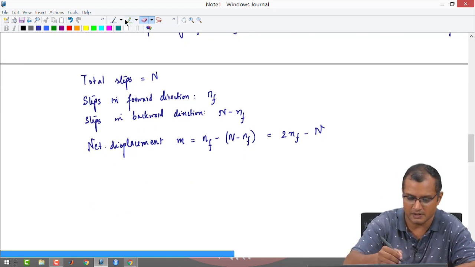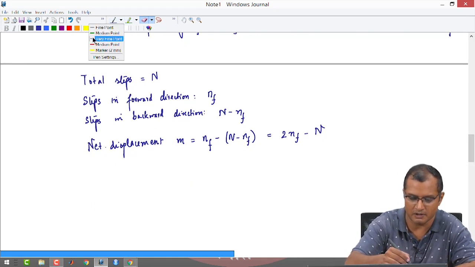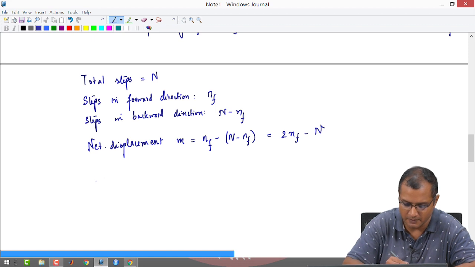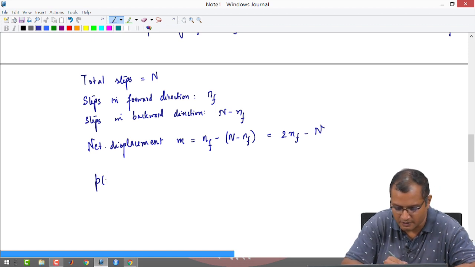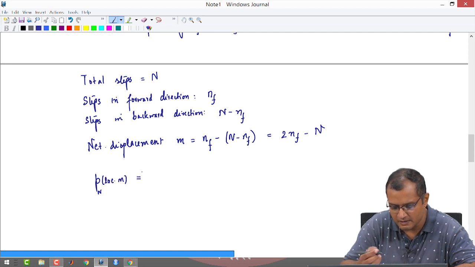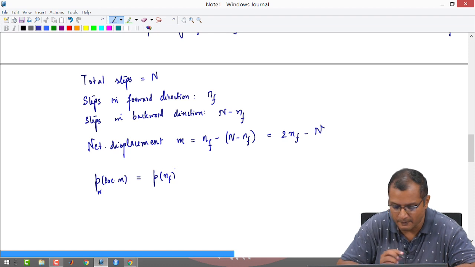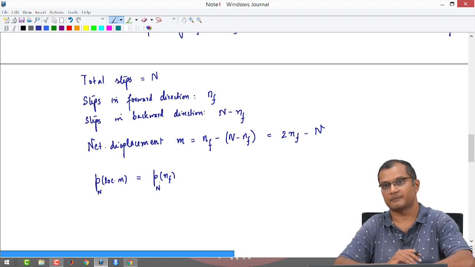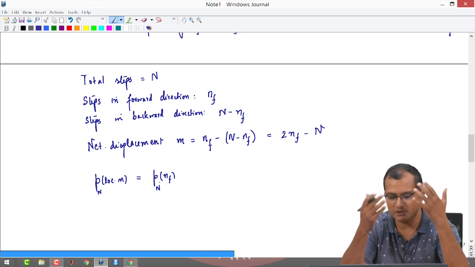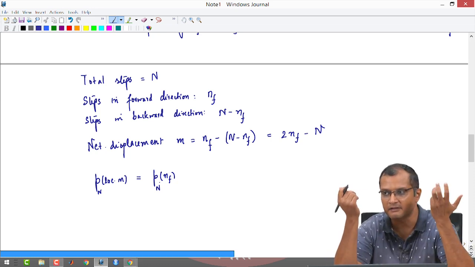So, the probability of finding the walker at location m is nothing but the probability of finding the walker who has taken NF forward steps in a total of N steps, because he has taken NF forward steps, naturally he has taken N minus NF backward steps.